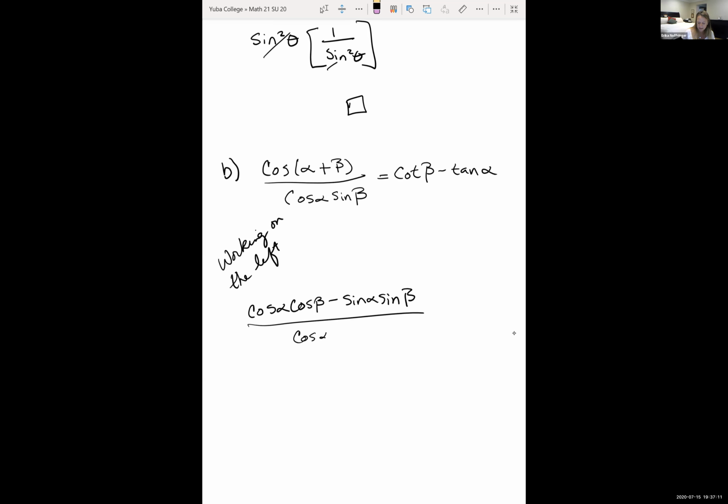We can rewrite this as 2 separate fractions. So cosine alpha, cosine beta, all over cosine alpha, cosine beta. Did I write that? Oops, I copied this down wrong. This was sine beta down on the bottom.